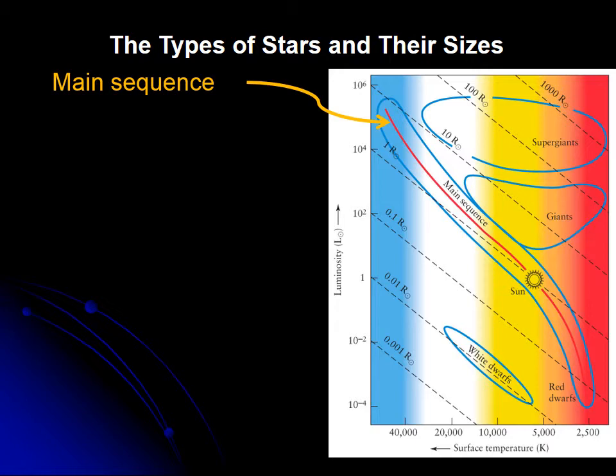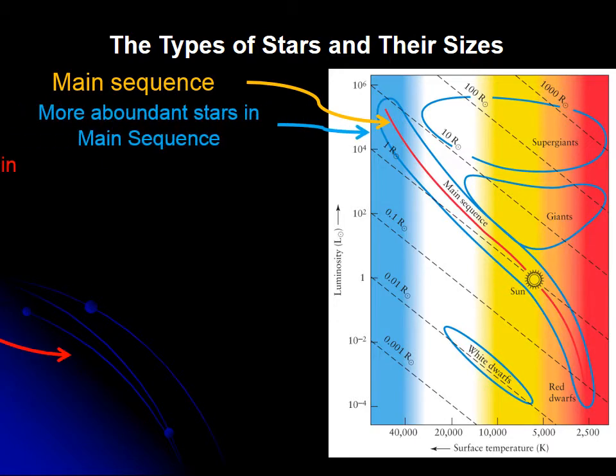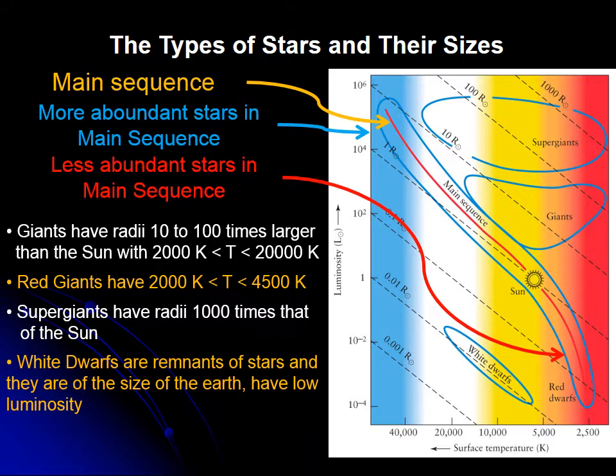Again, we have the main sequence, and we see that there are different abundances of stars in different places of the main sequence. Again, the giants can be anywhere between 10 and 100 times larger in radius than the sun, and their temperature is also in this region between 2,000 and 20,000, and the red giants are between 2,000 and 4,500.